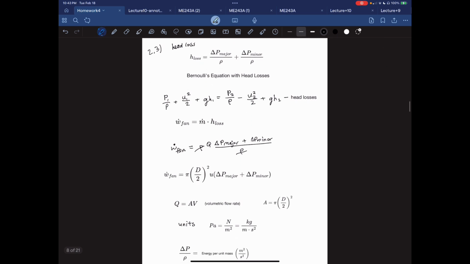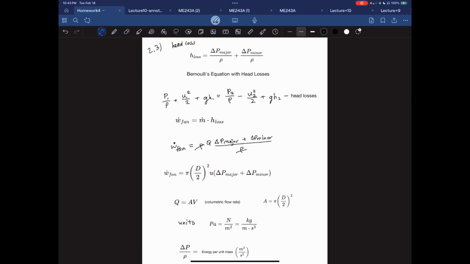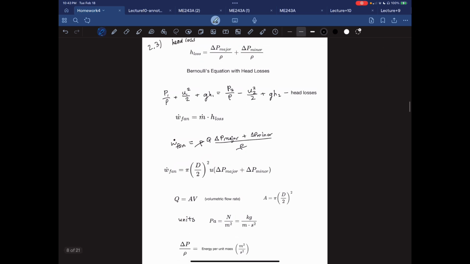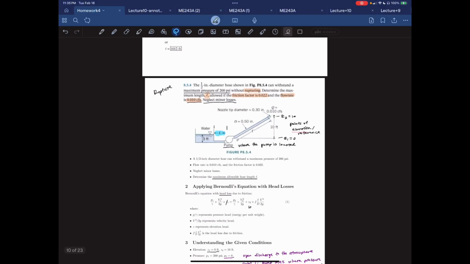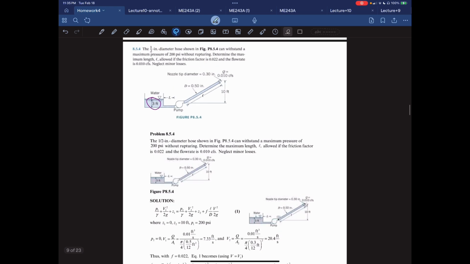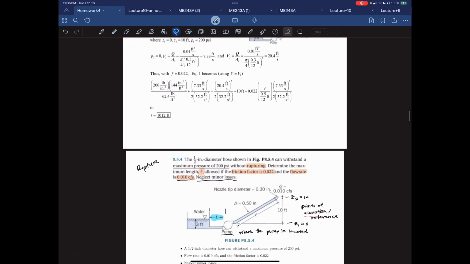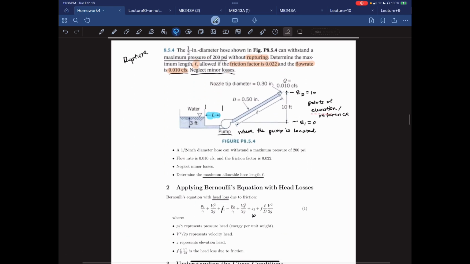And here are some more notes for 2.3 because that's the hardest part of the problem. It involves more manipulation. Okay, so this is the practice problem I did in Friday's discussion. So we're dealing with the rupture problem.